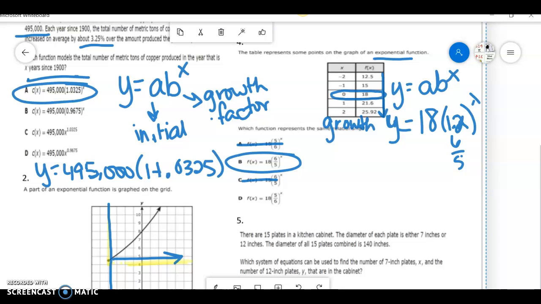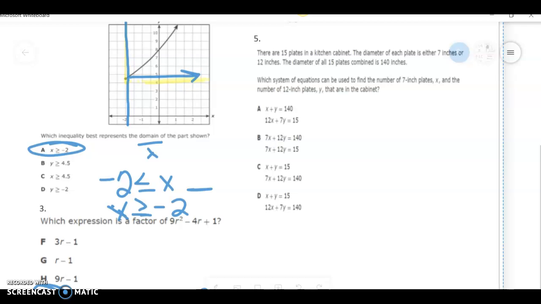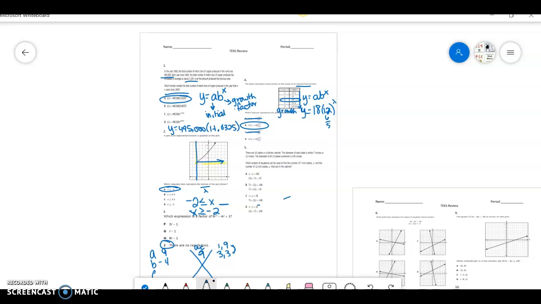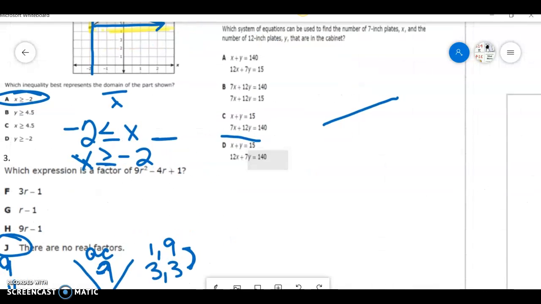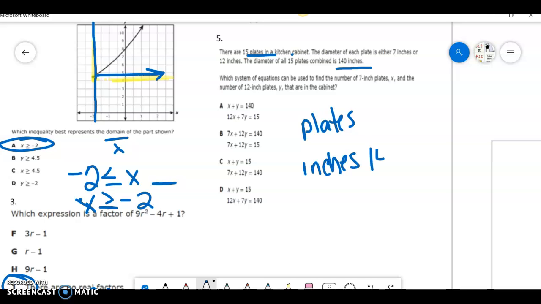Number 5 here is going to be a system. We practiced writing systems the other day. You need to write your own system. We have 15 plates, and then we have 140 inches. So we are going to need to have an equation for just plates, and we are going to have an equation for inches. So I have 140 inches, and I have 15 plates.